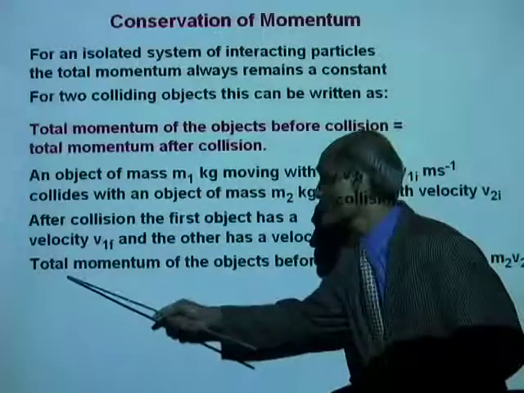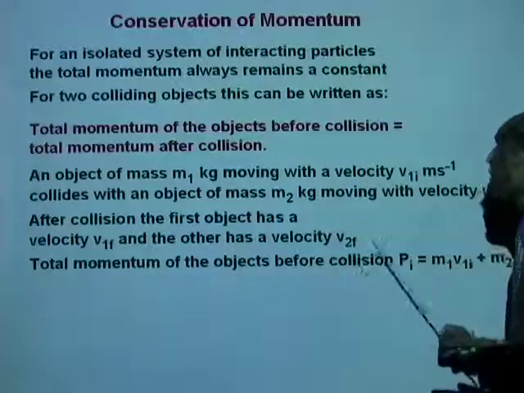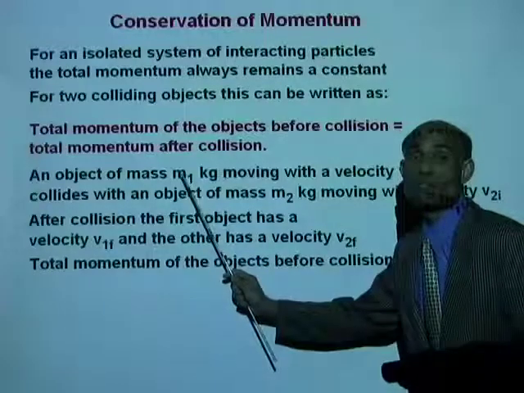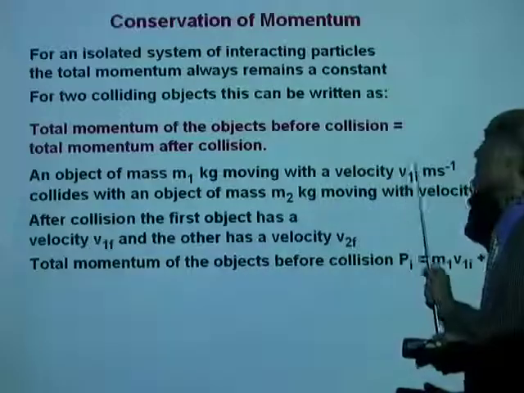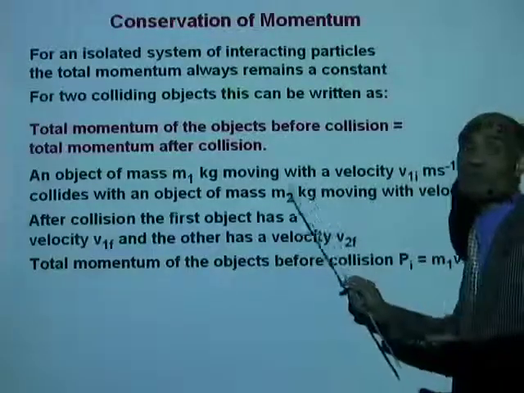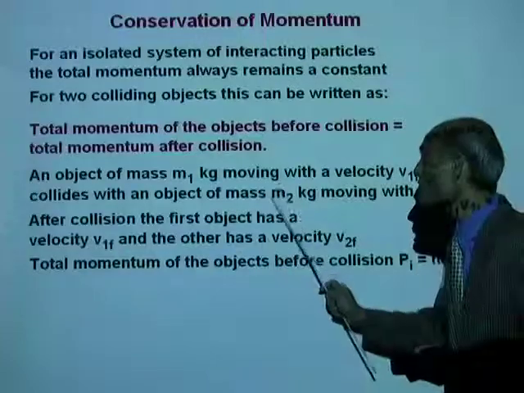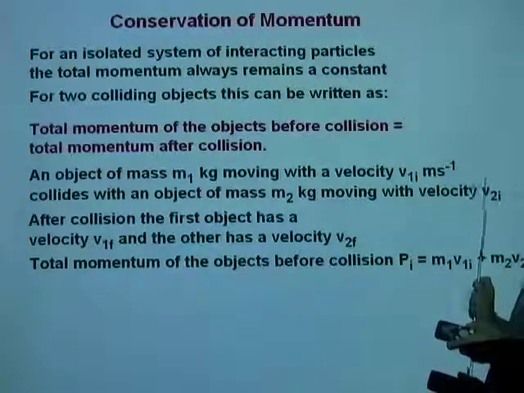Well, what is the total momentum of the two objects before collision? Look at this. Before collision, the momentum of the first object is m1 times v1i. And the momentum of the second object before collision is m2 times v2i.